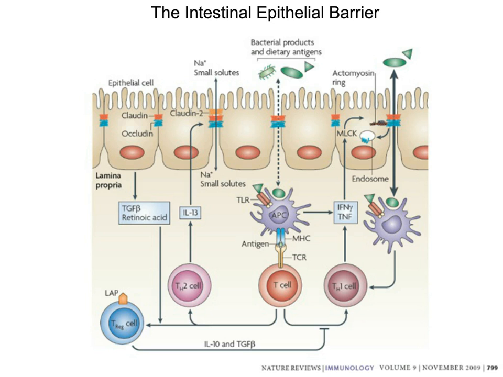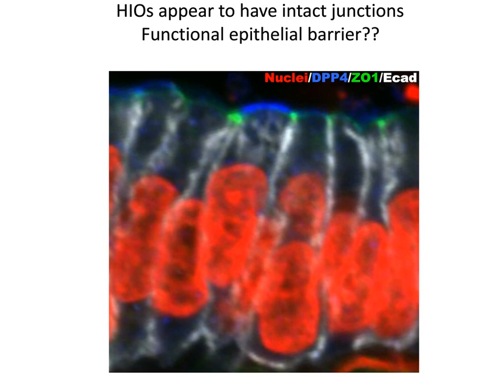And so one of the questions we wanted to ask is whether the organoids had tight epithelial junctions and whether they had barrier function. And so when we just looked at the epithelium of these organoids, we could see that they had the right machinery to have an epithelial barrier that was functional. And so you can see ZO1, which is a tight junction staining, towards the top of this panel.